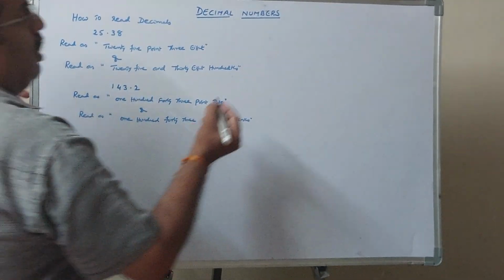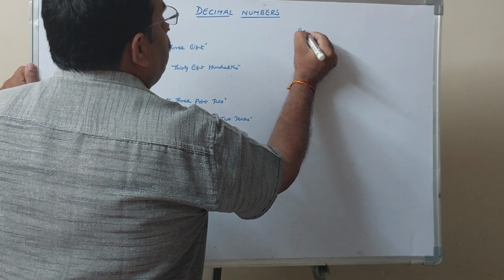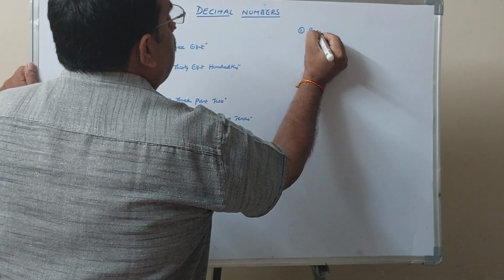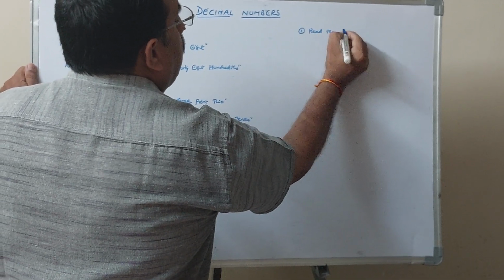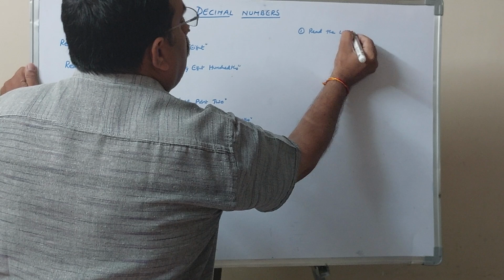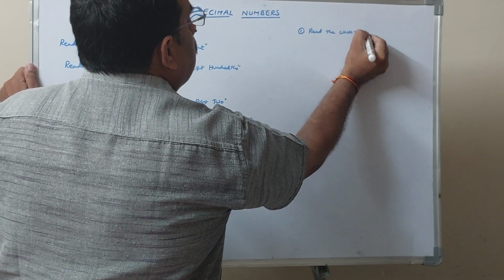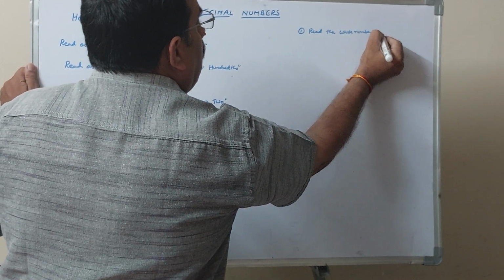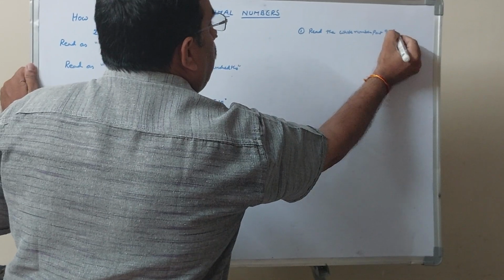So how to read this? The first method: first read the whole number part or integral part.